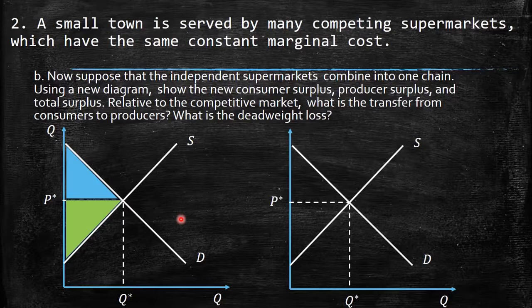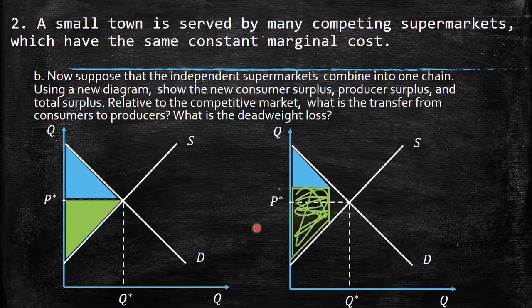One chain will charge a price higher than P star because they have what we call in economics market power. Remember, this decision is represented where marginal revenue is exactly equal to marginal cost. This green part is the producer surplus, and this is the quantity of the monopoly, which is lower than in the competitive market, but the price is higher.